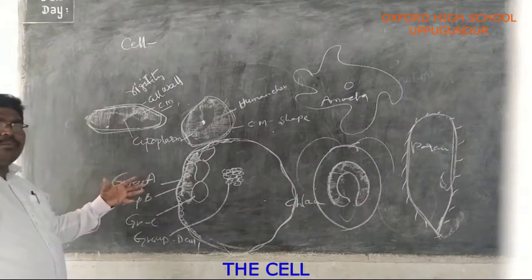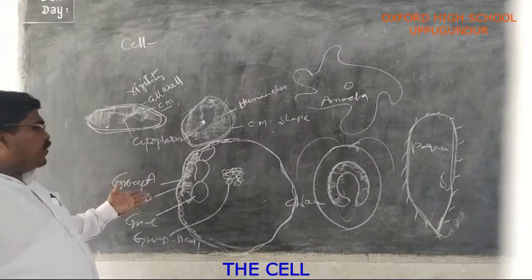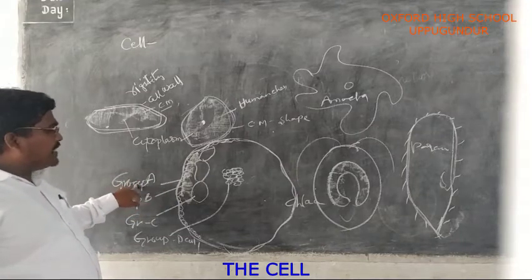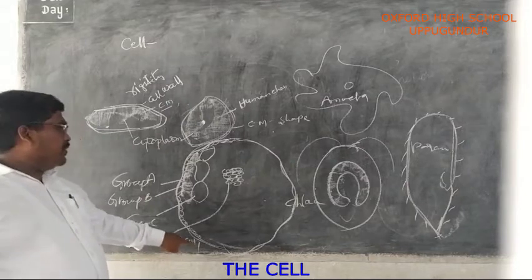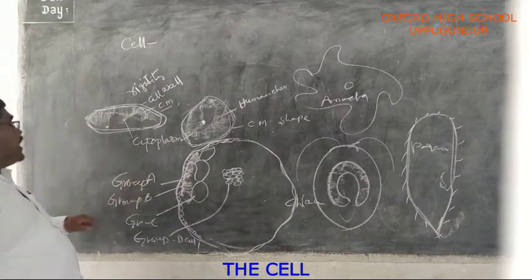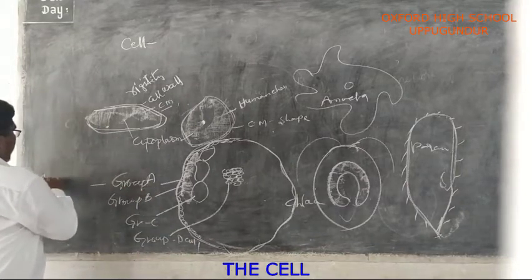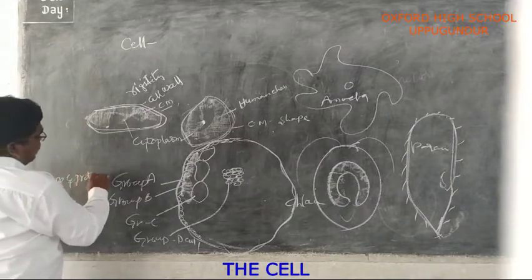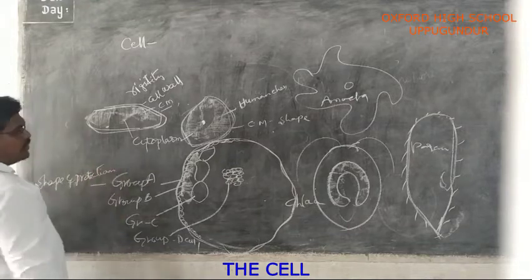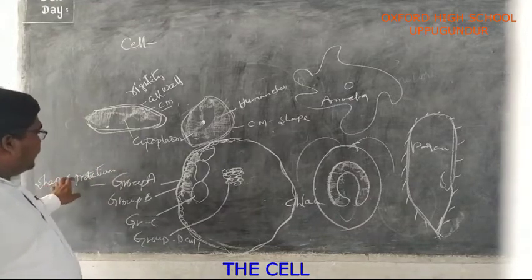The grass is made up of 3-4 types of cells. Group A cells form the outer covering of the stem, and this gives shape and protection.